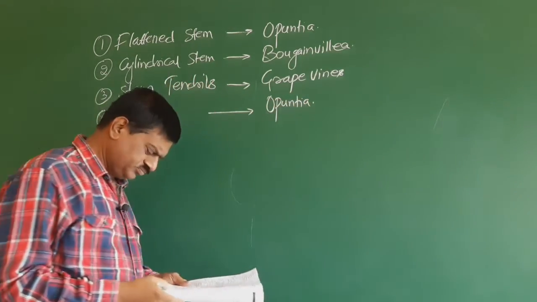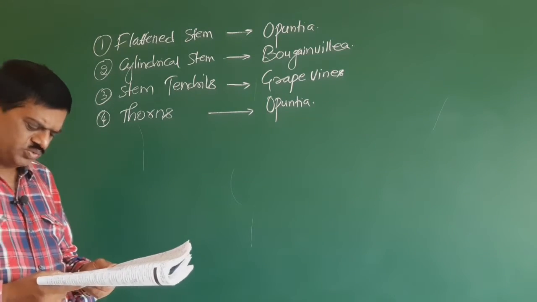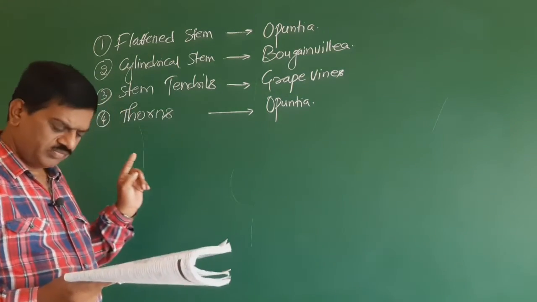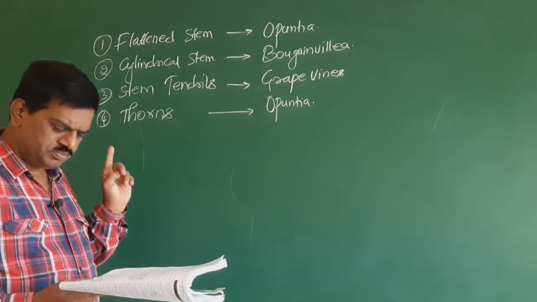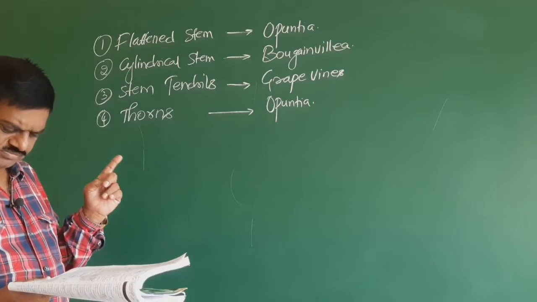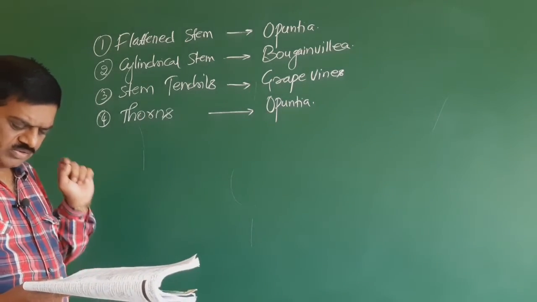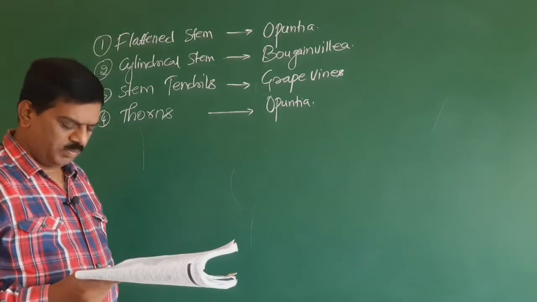So the first one is Opuntia, the second one is bougainvillea, and fourth one is grapevine, and the other one is Opuntia.